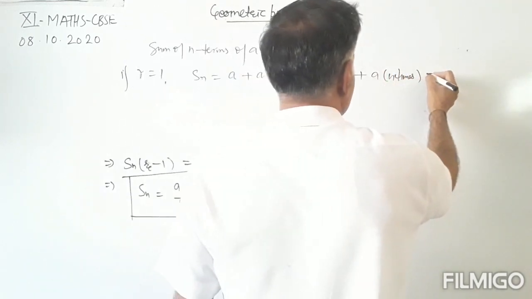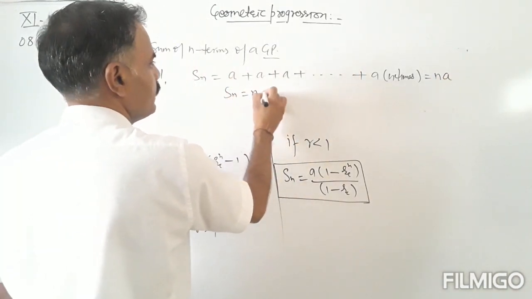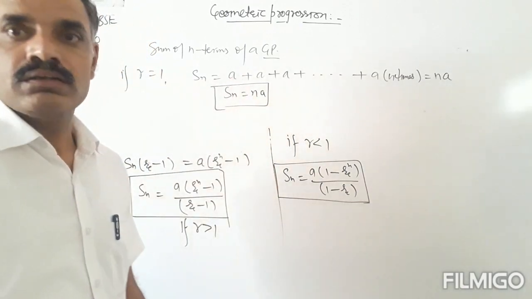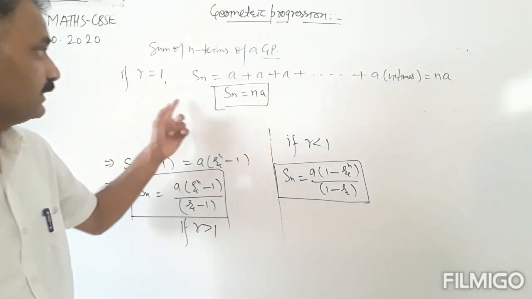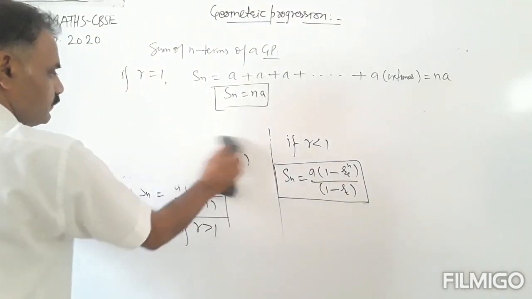So this is equal to n into a. So Sn equals n into a if r is equal to 1.